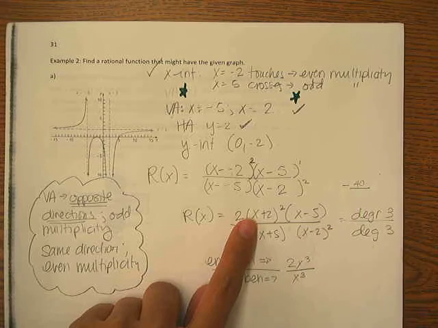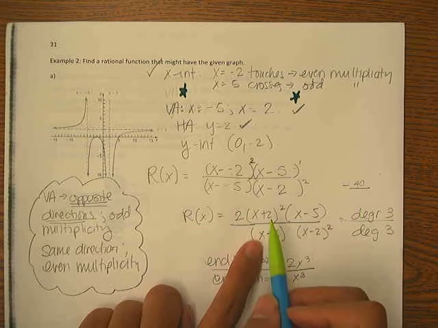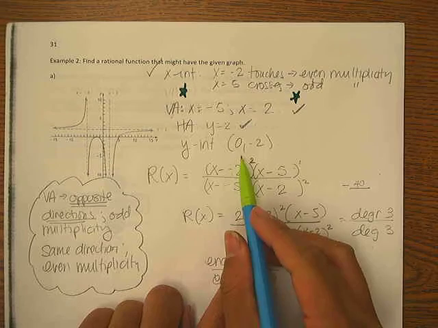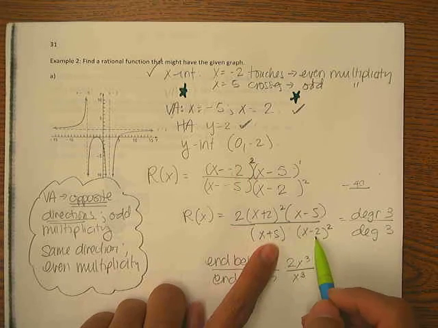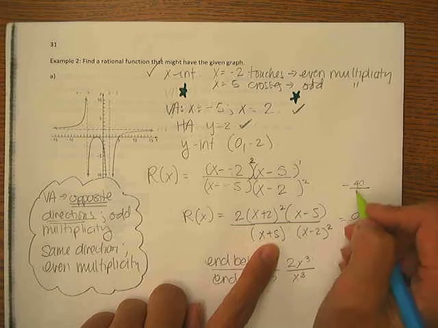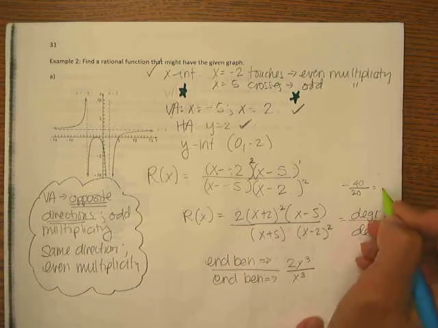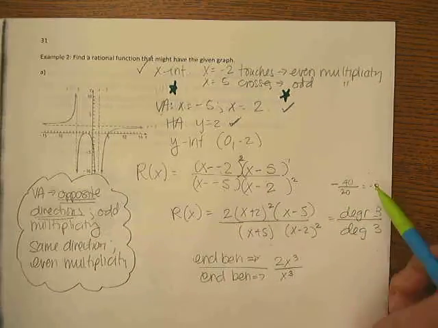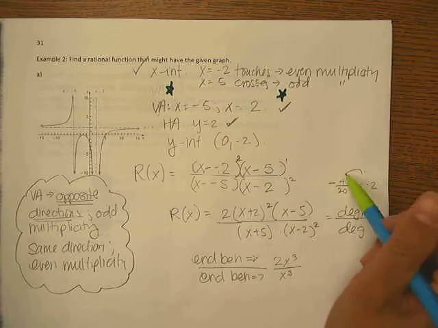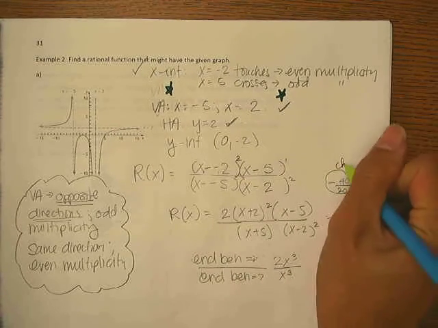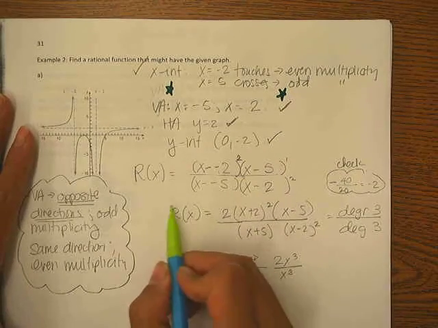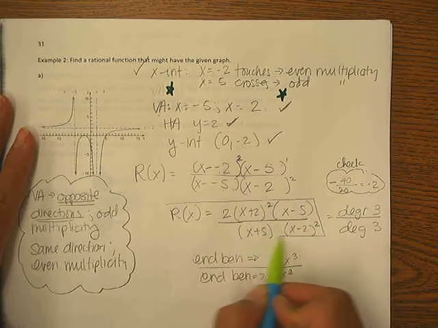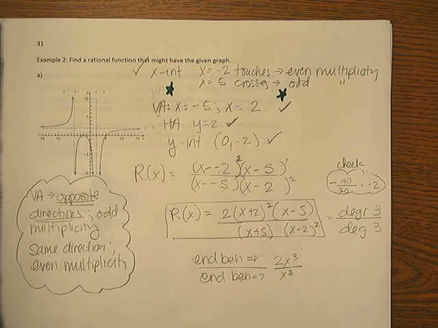Divided by, when x is 0, again we're checking for y-intercept, 5, and then this is negative 2 squared, that's a positive 4. 5 times positive 4 is positive 20. So that's going to be a negative 2. So is our y-intercept at negative 2 now? Okay, this is our check. Yes, it is. So therefore, this is our polynomial.